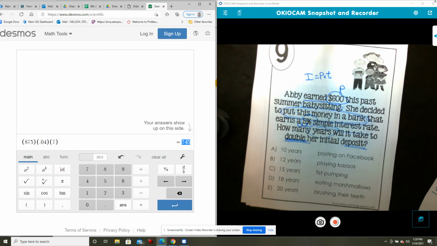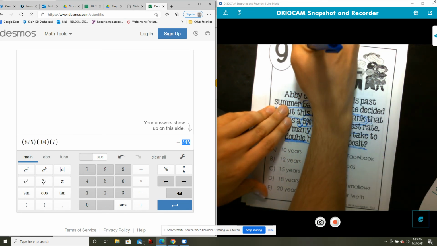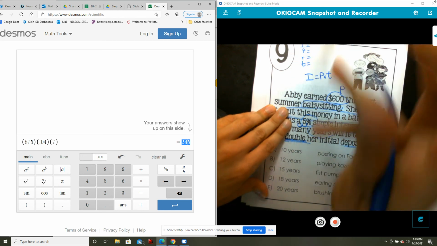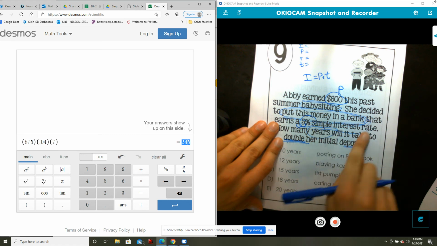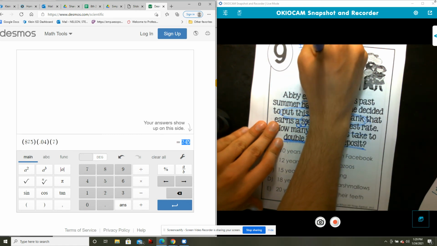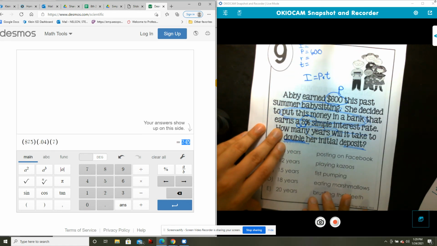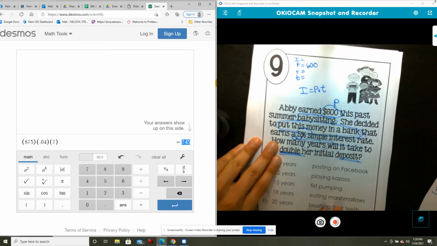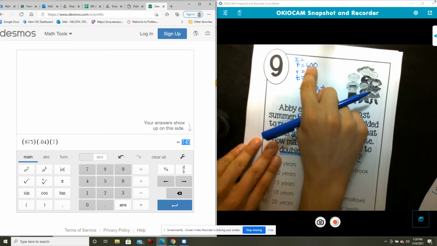So let's set this up. I equals, P equals, R equals, T equals. She earned $600. If she wants to double it, that means she's going to have to earn that exact same amount in order to double it. Because what's double of 600? 1,200.